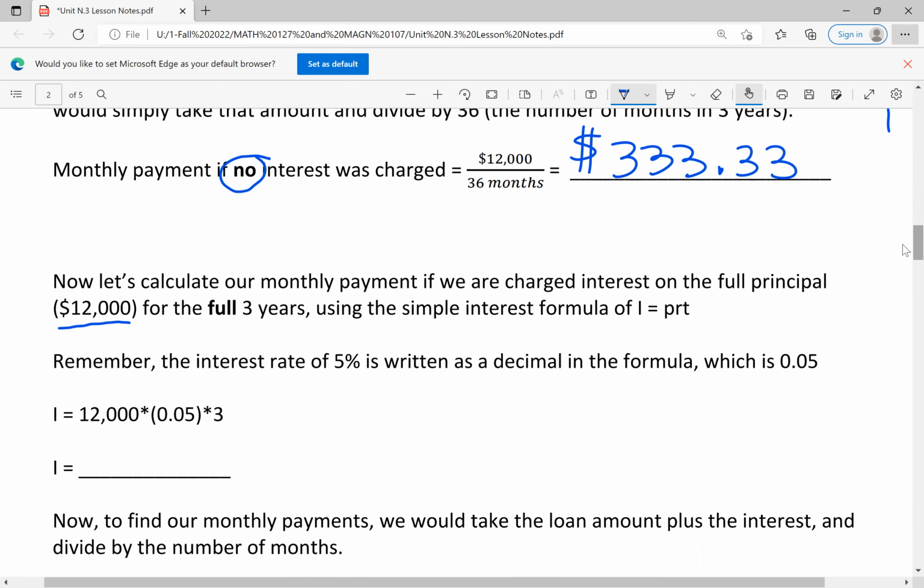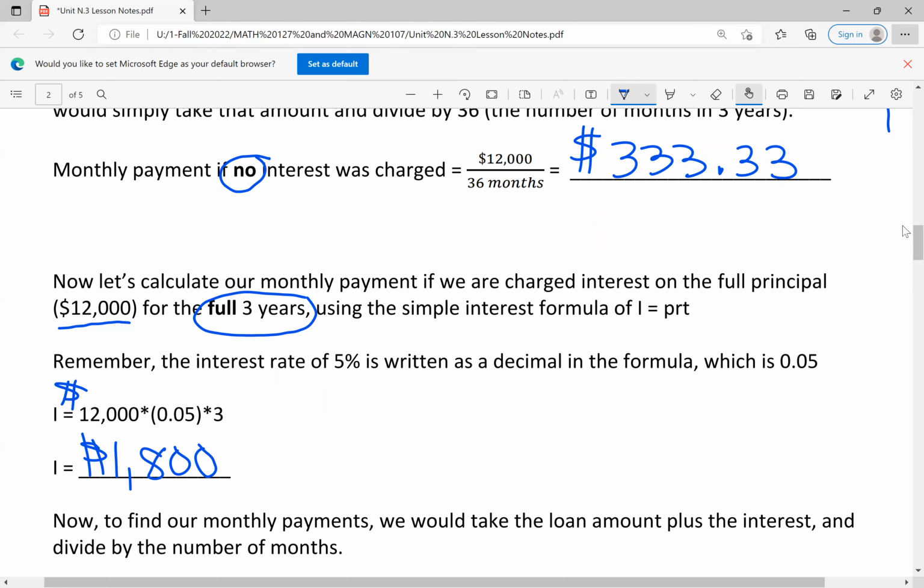So that's $12,000 times 0.05, and then times 3 years. Remember, we're trying to find this for the full 3 years. That's loan number 1. So that means the interest that we're going to pay is $1,800.